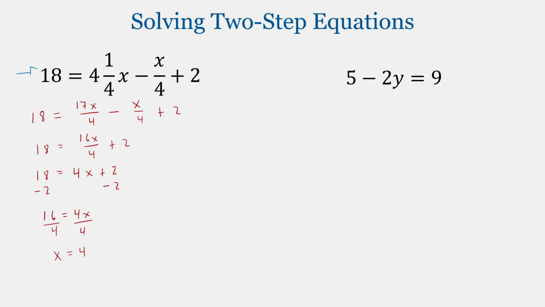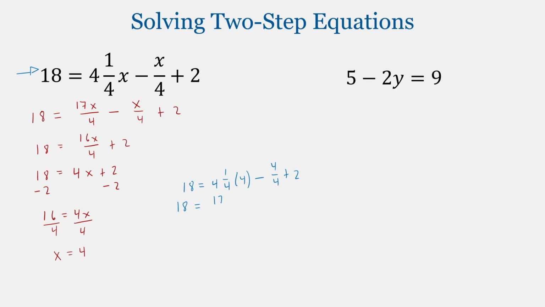When we check our answer, we go back to that original equation. So we have 18 equal to 4 1/4 times 4 minus 4 over 4 plus 2. This is 18 equal to, I'm going to go ahead and just convert this back into an improper fraction.